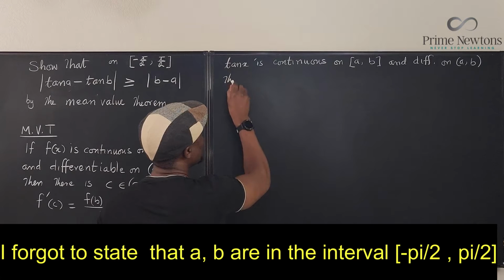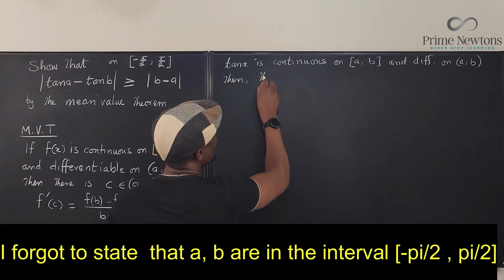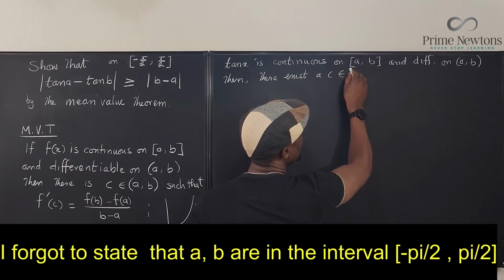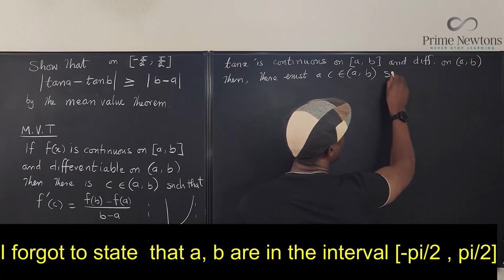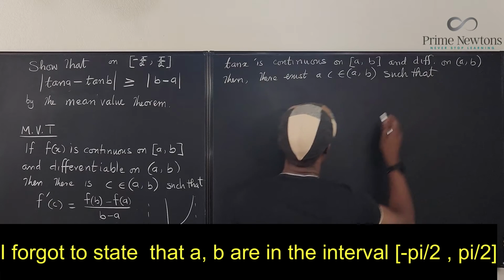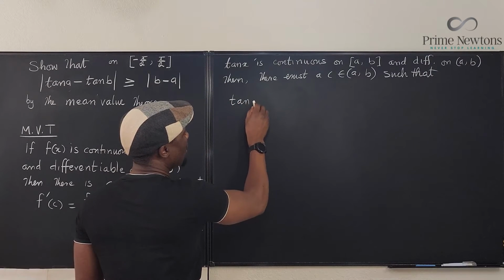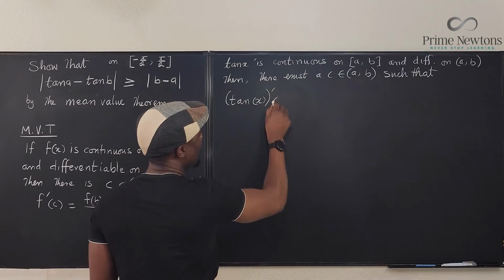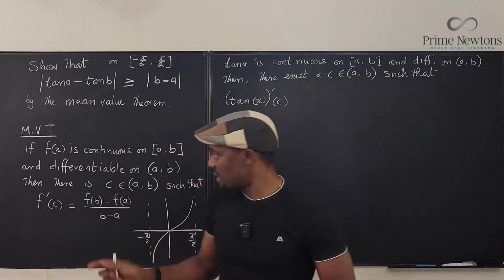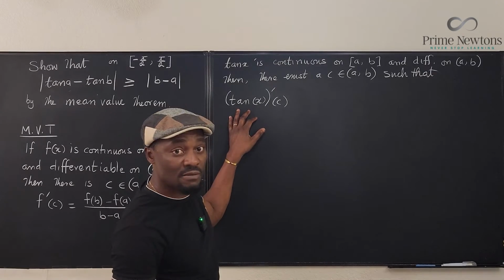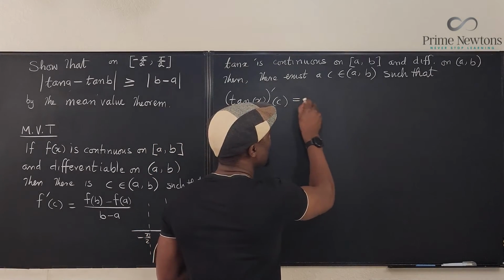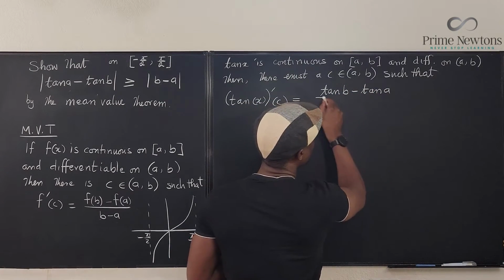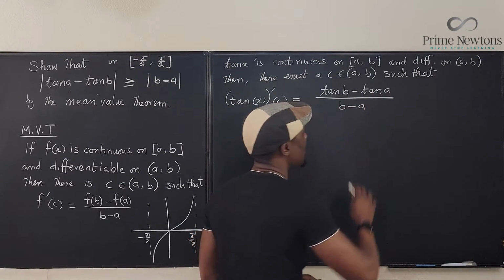Then there exists a c within this interval a, b, such that the derivative of tan x evaluated at c, I want to write it this way because I don't want to use f of c, must be equal to tan b minus tan a over b minus a. That's it.